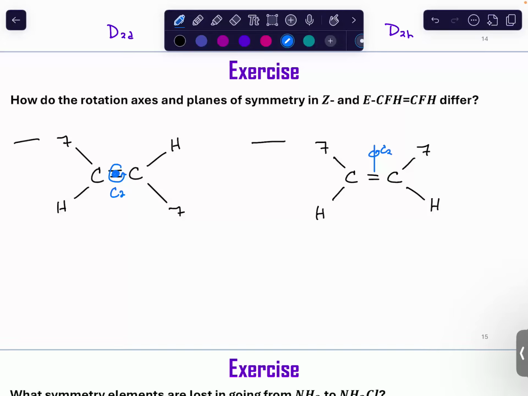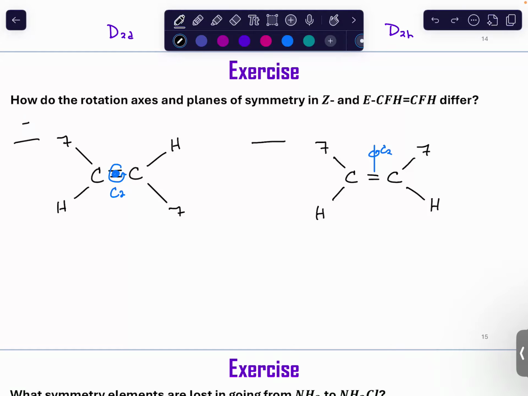Z is cis, so I'm thinking of homonuclear, that got in my head. Okay. Let's do this again. Cis. They're on the same side. It's gonna be a day.